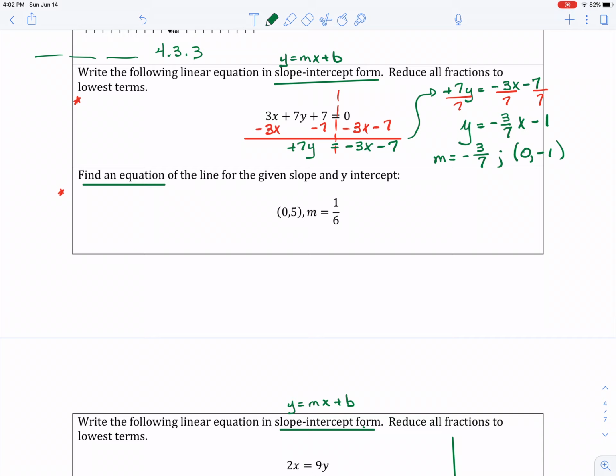All right, now this next one is sort of moving us on into section 4. This one is asking us to find an equation. It's not giving me the equation, it's giving me some information. It's telling me a point, and it actually turns out that this point is the y-intercept.